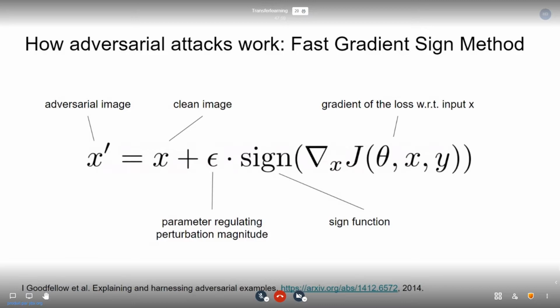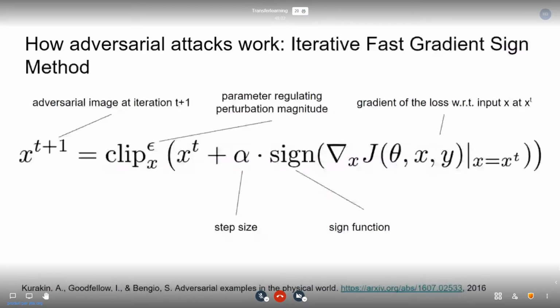Then there is also an iterative version of FGSM, which is far more powerful in terms of the results. It's basically just an iterative application of the simple FGSM. So it's an iterative computation of the gradient and adding it to the image.